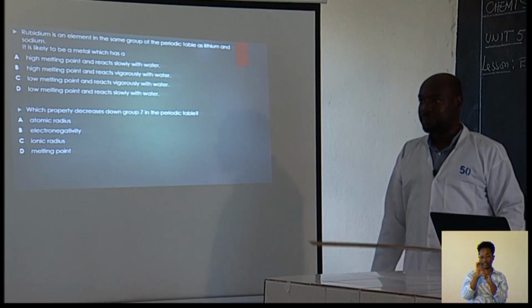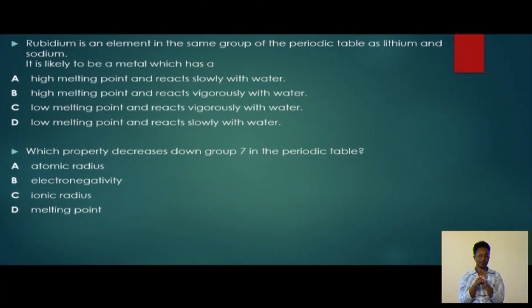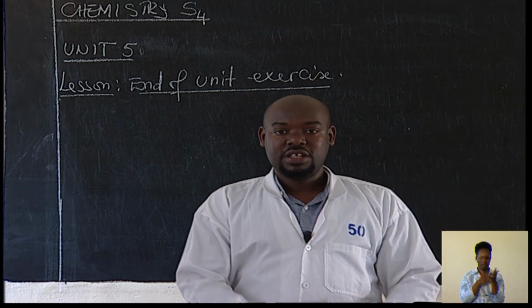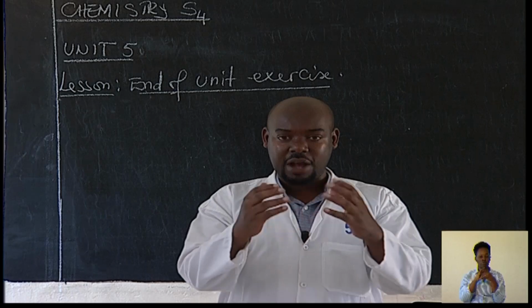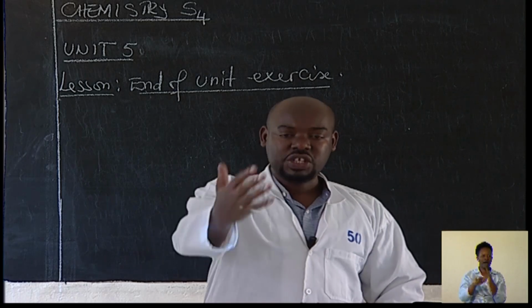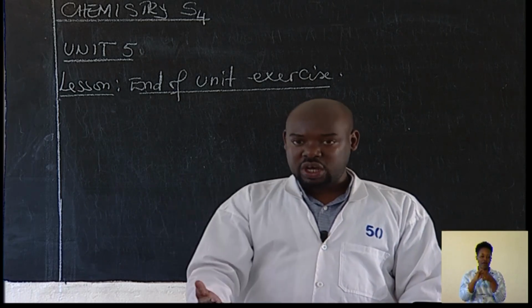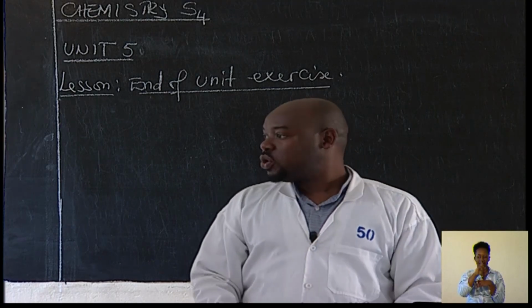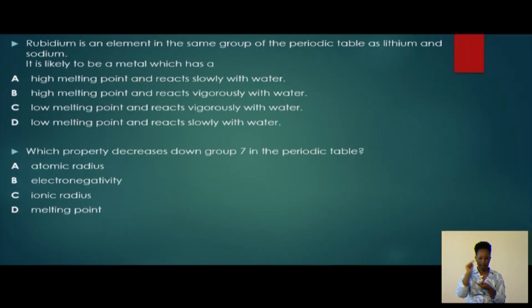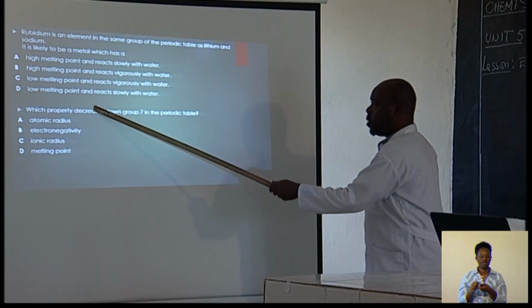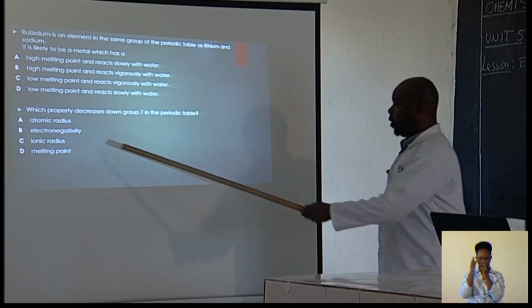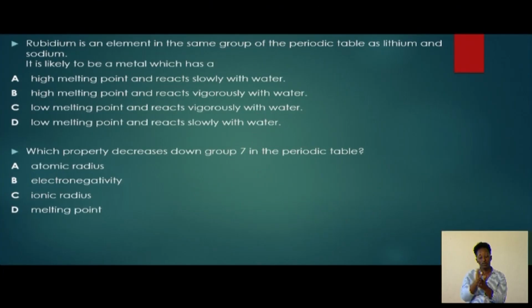Electronegativity. The electronegativity decreases as you move down the group. We know that. The nuclear attraction becomes weaker, and then the tendency of attracting extra electrons reduces. So the electronegativity decreases. And I guess this is the property we want. Why? Because C and D are also wrong.